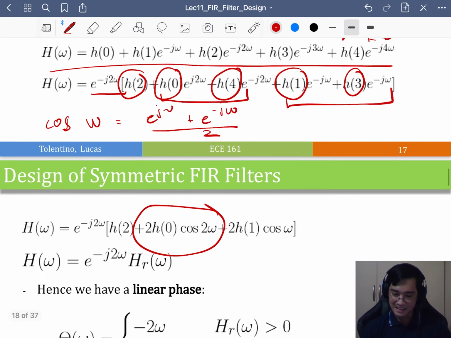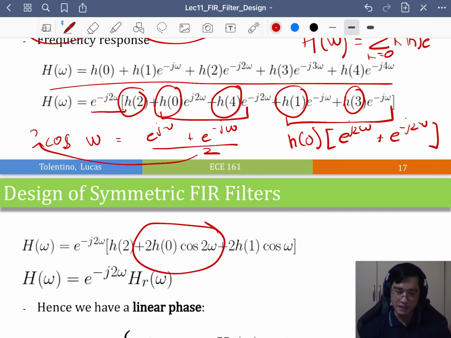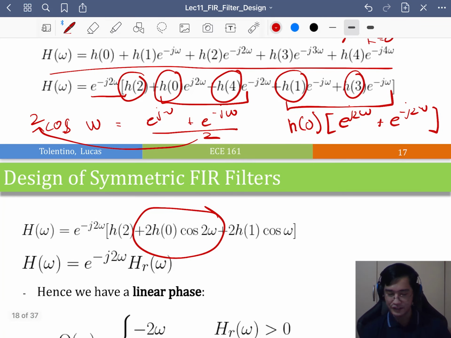Why did it happen? h of 4 we just equate to h of 0, so we have h of 0 times e to the j 2 omega plus e to the minus j 2 omega, and then just put it here. We have 2 h of 0 cosine of 2 omega. And the same thing here: h of 1 is h of 3.